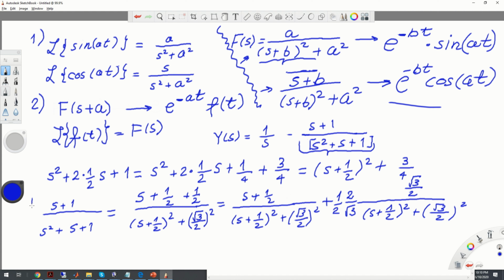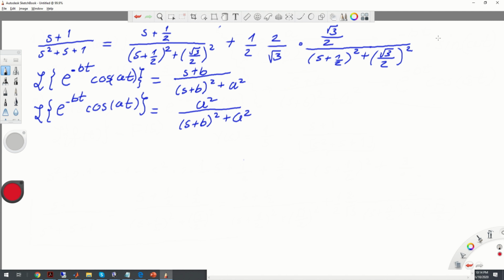Okay, so this is our original expression. Here is our function written again, right? We have shown that we can decompose this function as a sum of two terms, the first term and the second term. We have also shown that we have a basic relation between a function shifted in the frequency domain and its time domain image, and we have derived these two formulas.